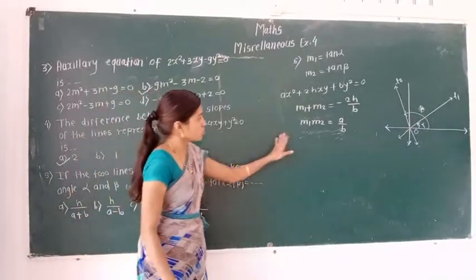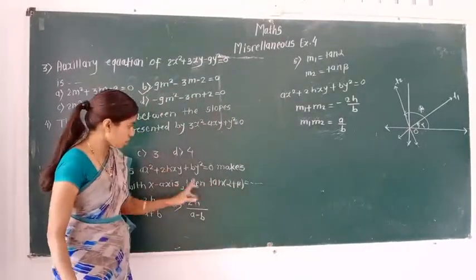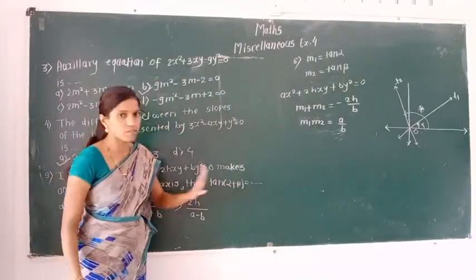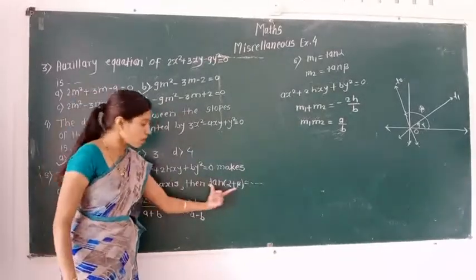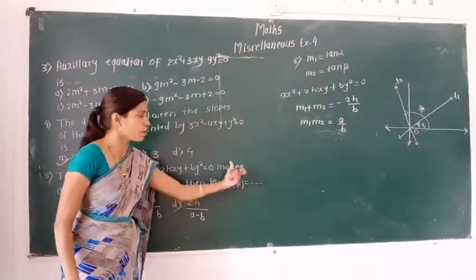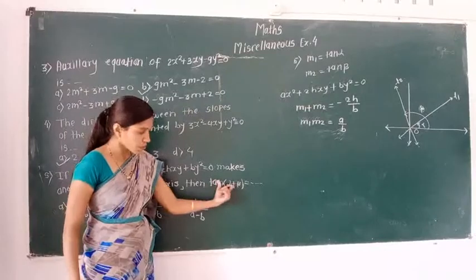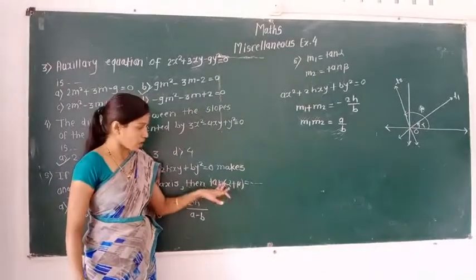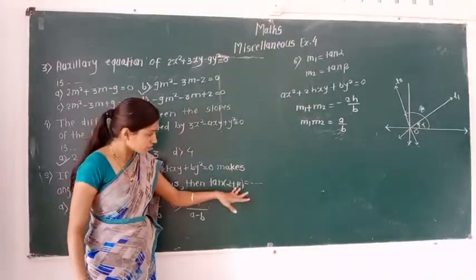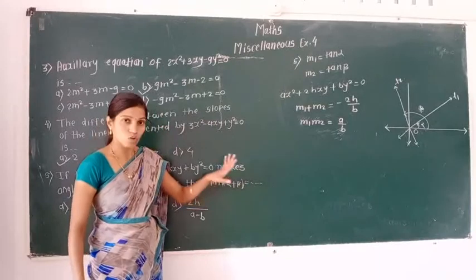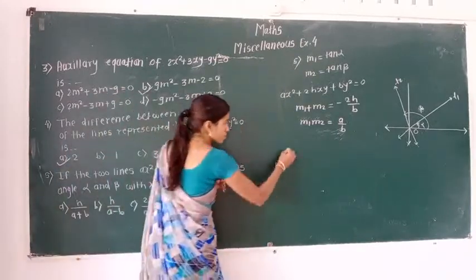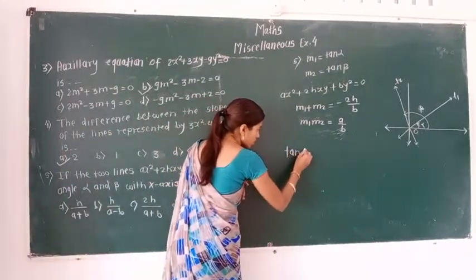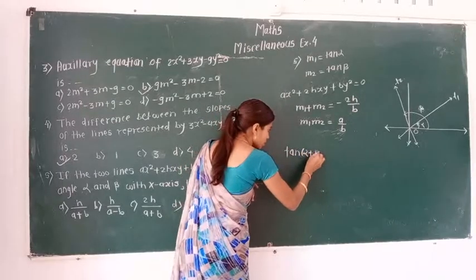Now for finding the value of tan alpha plus beta, take the compound angle formula for tan A plus B, but in that case A is replaced by alpha and B is replaced by beta. So take tan alpha plus beta.